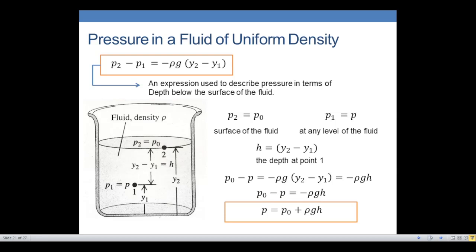So this expression tells that particular observation. Now, we are going to use this expression to analyze the difference of pressure when it is at the surface, and when it is at the bottom or at any particular elevation inside the fluid, for example, a liquid.